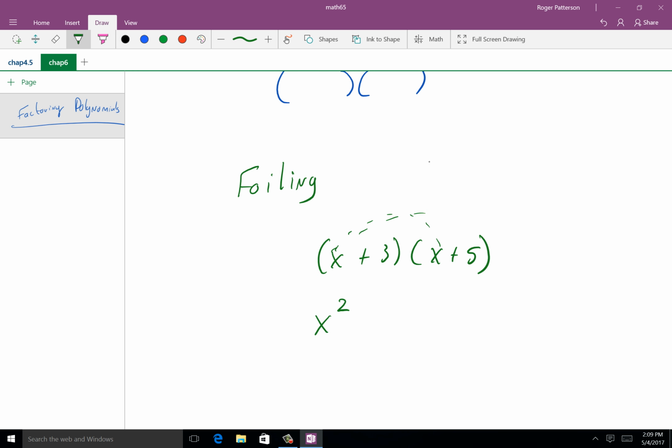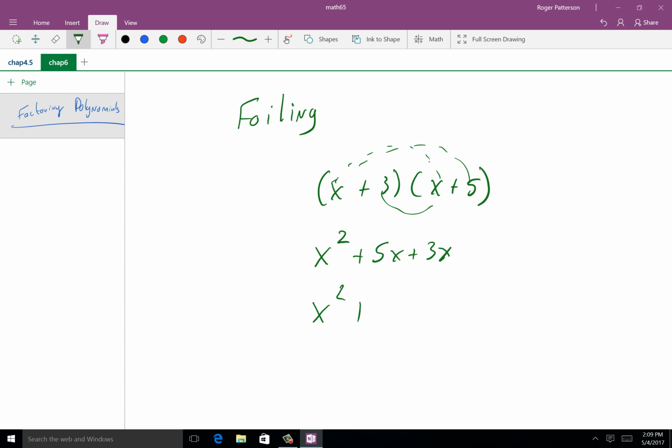And then I also know that I'm going to do this, and those two, form that number. So the 5 and the 3 add up to that 8. That's where the 8 comes from. Then to finish this off, 3 times 5 is 15.